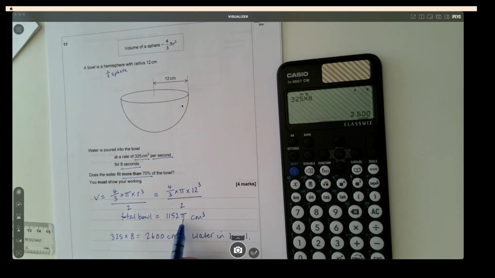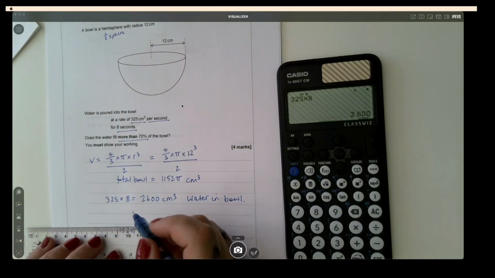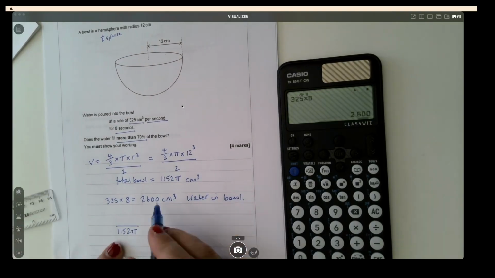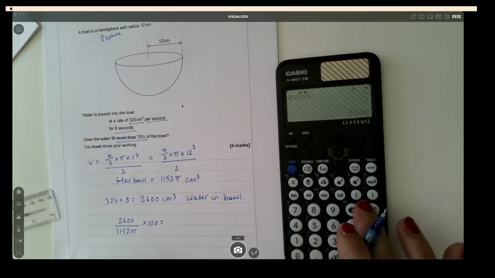So the total amount of water that the bowl can hold is 1,152 pi. The actual amount that's going into the bowl is 2,600 centimetres cubed. And if we divide that and multiply by 100, that will give us a percentage.